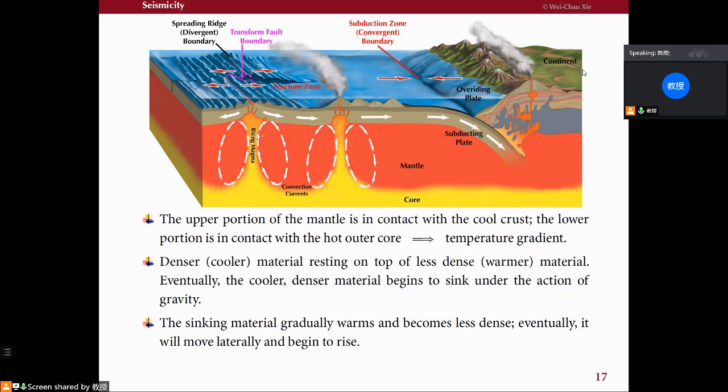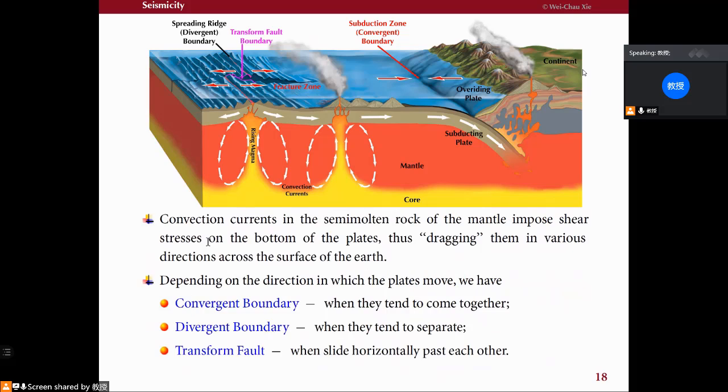Eventually, it will move up. So when it's cold, it moves down, and then when it moves down, it becomes warmer, and when it becomes warmer, it becomes less dense, it moves up. So that becomes a convection process.